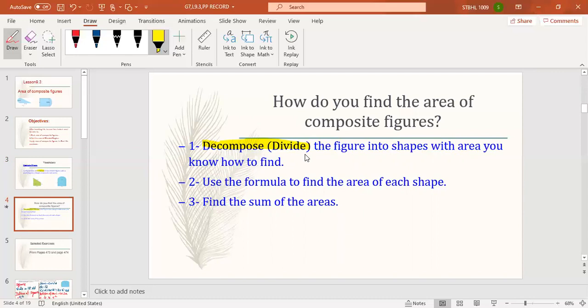Number 2, use the formula of each figure separately to find its area. Number 3, the area of the composite figure is the sum, or total, of the areas.